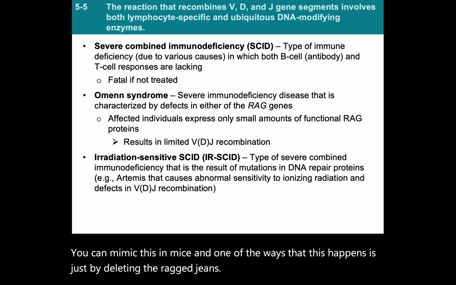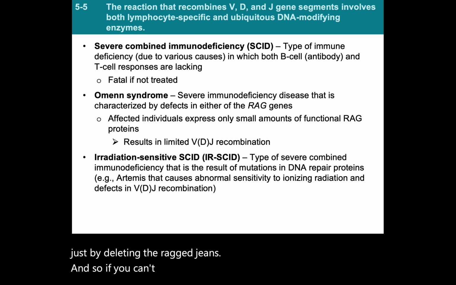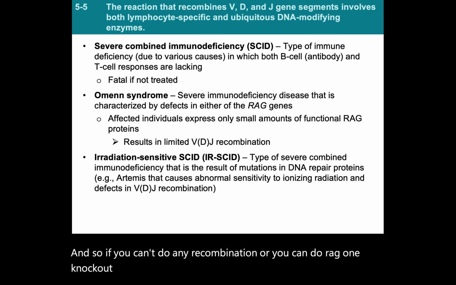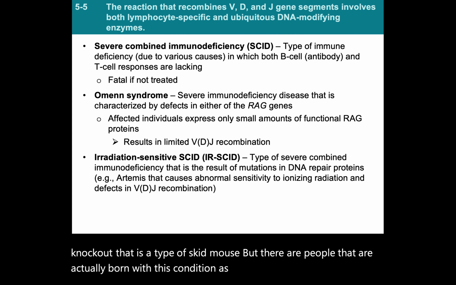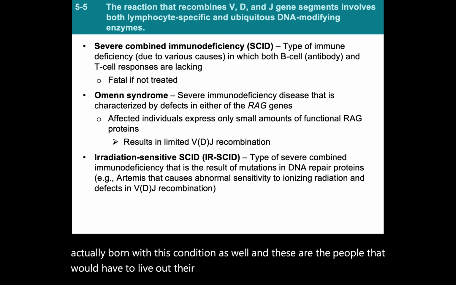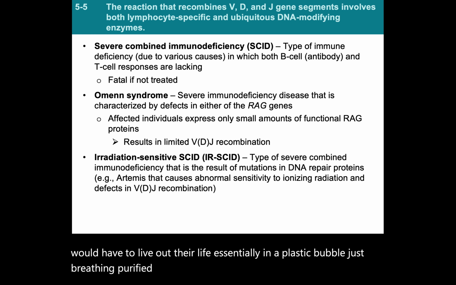So if you can't do any recombination, or you do a RAG1 knockout, that is a type of SCID mouse. But there are people that are actually born with this condition as well, and these are the people that would have to live out their life essentially in a plastic bubble, just breathing purified air and eating autoclaved food.